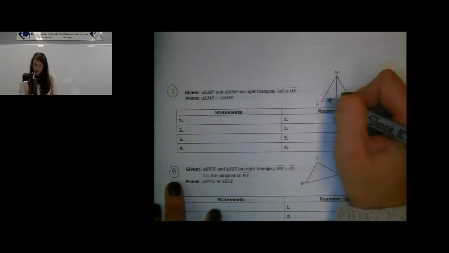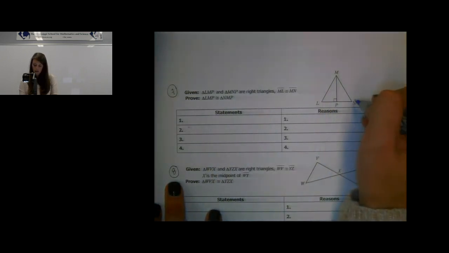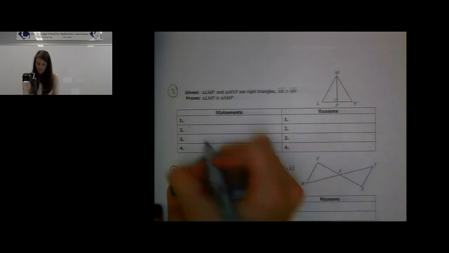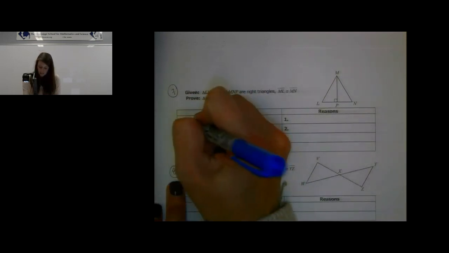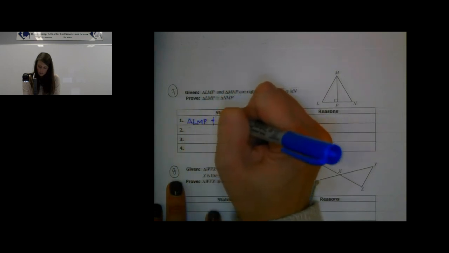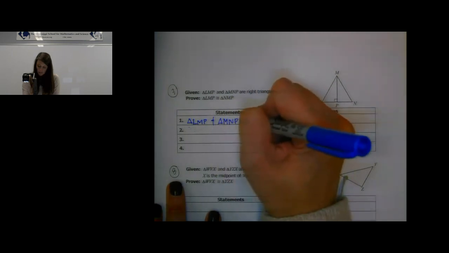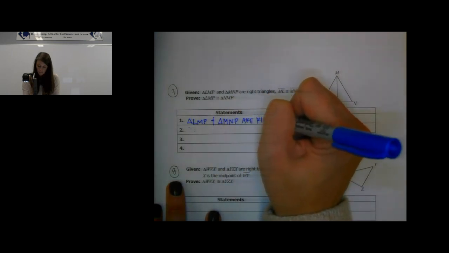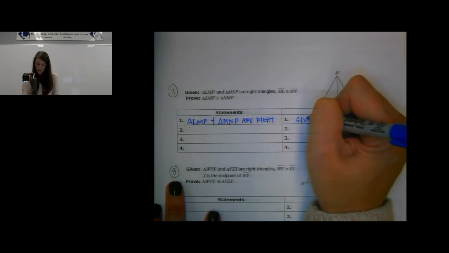So LMP and MNP are right triangles. Okay, so that's given. So far so good.